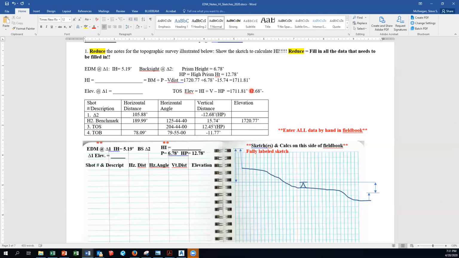So plus the V, which is 12.45, minus 12.78. So if I wanted an uphill shot, it's no longer the benchmark, it symbolizes an uphill shot. I get HI plus the vertical distance, come across, and then drop down whatever the prism height is. Okay.